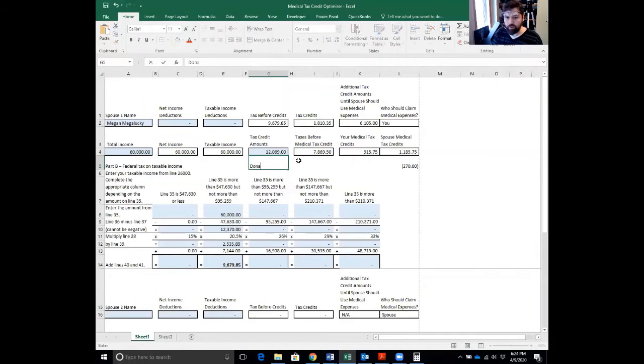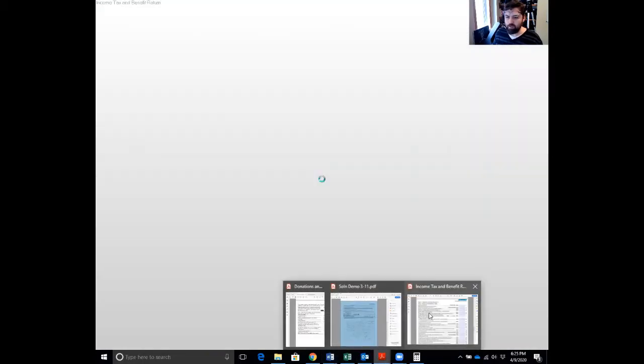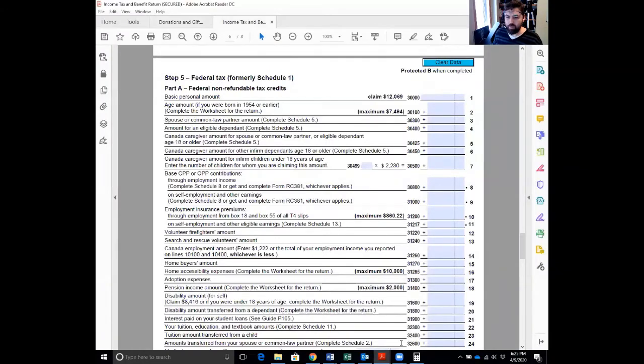So I'm going to go donations, tax credits. I'm not quite sure where I want to put this right now to make this look pretty. Can I put it up here? No, I can't put it up there. I'm just going to put it here. Donations, tax credits, and that's going to equal from our form. You guys can watch me build a working paper here. Why not?